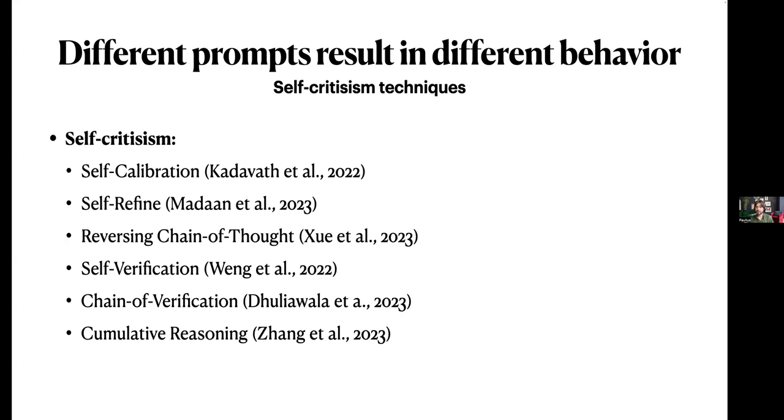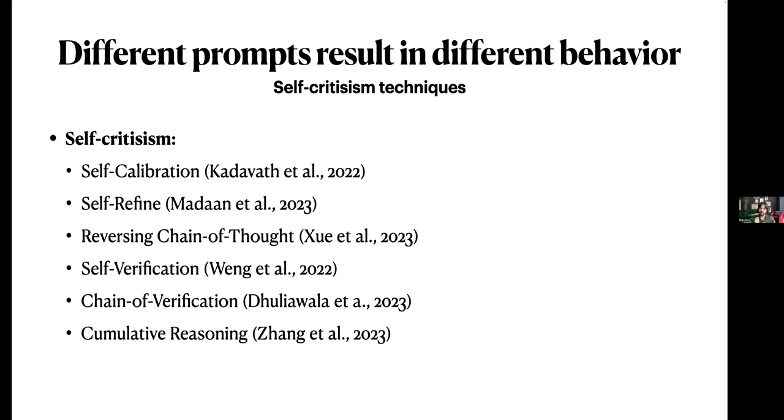So self-criticism basically is the sequential process where you get an output, then you say something like, now criticize it, you get the critique, then you say something like, this was your initial response, this was your criticism, provide a new response. And then you get a new response, and then you can criticize that. And you can do this iterative loop over and over.